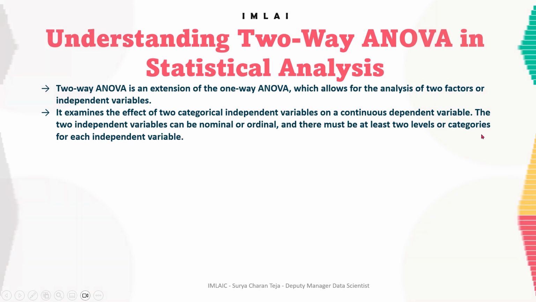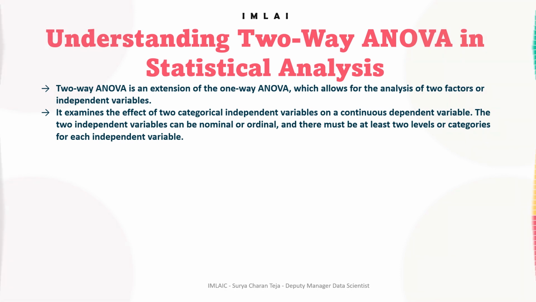And what's the condition for the independent variables? The two independent variables can be nominal or ordinal, and there must be at least two levels or categories for each independent variable.